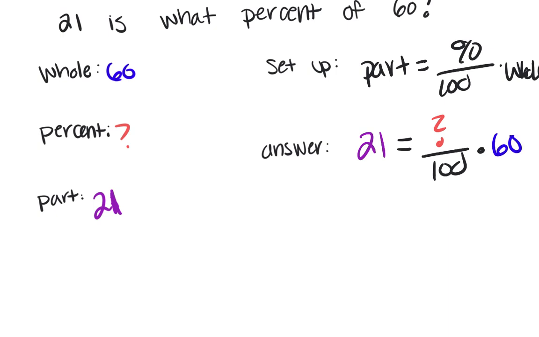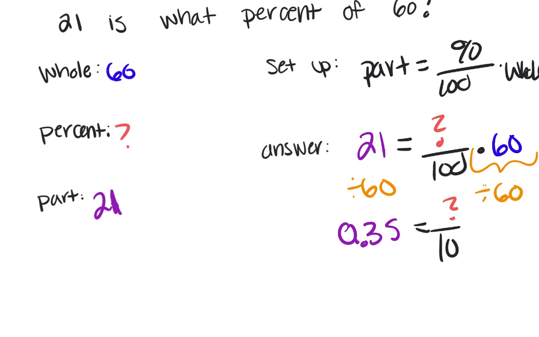So this one, I think, has the most steps if you're looking for the percent this way. So I like to work my way from the outside in. So starting on the side with the question mark, here's the thing that's the most on the outside. How do I get rid of times 60? I divide by 60. 21 divided by 60 is 0.35. Is equal to the question mark divided by 100.